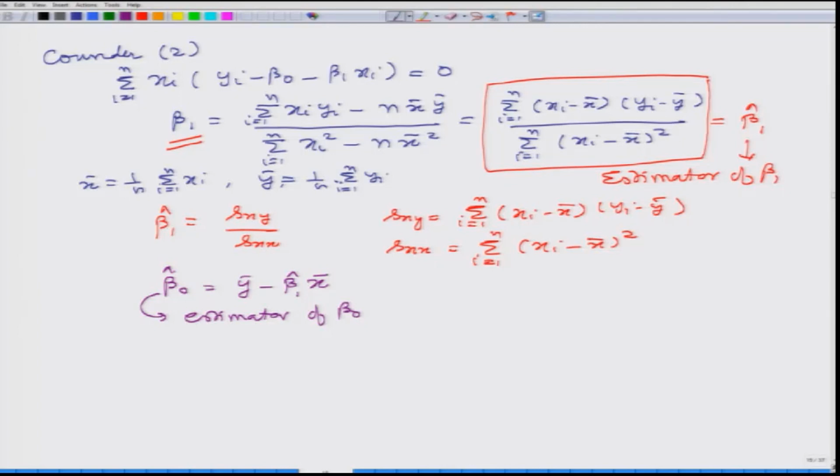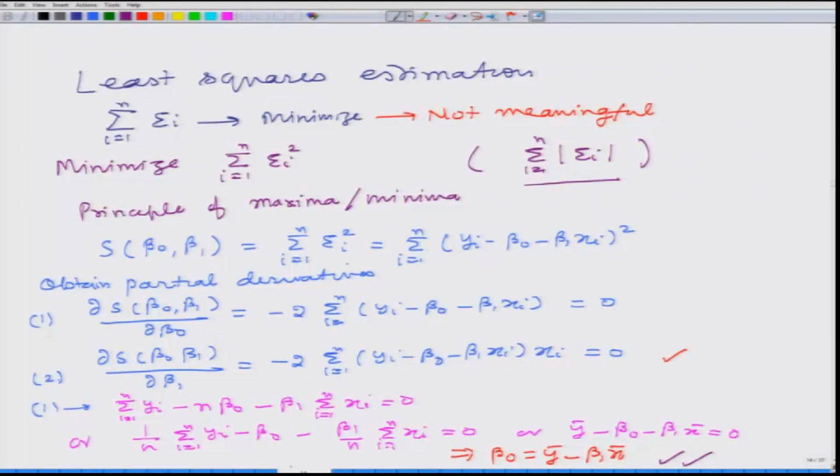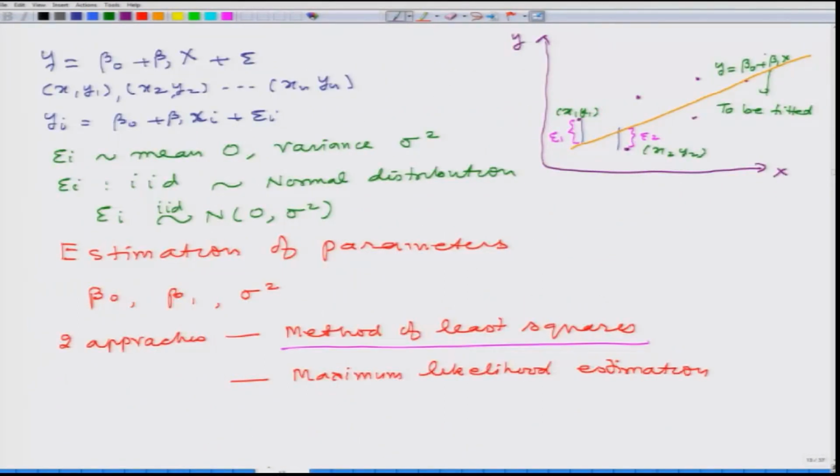Both beta 0 hat and beta 1 hat have been obtained from the principle of least squares, where we minimized the vertical distance between the observed values and the line, something like here.